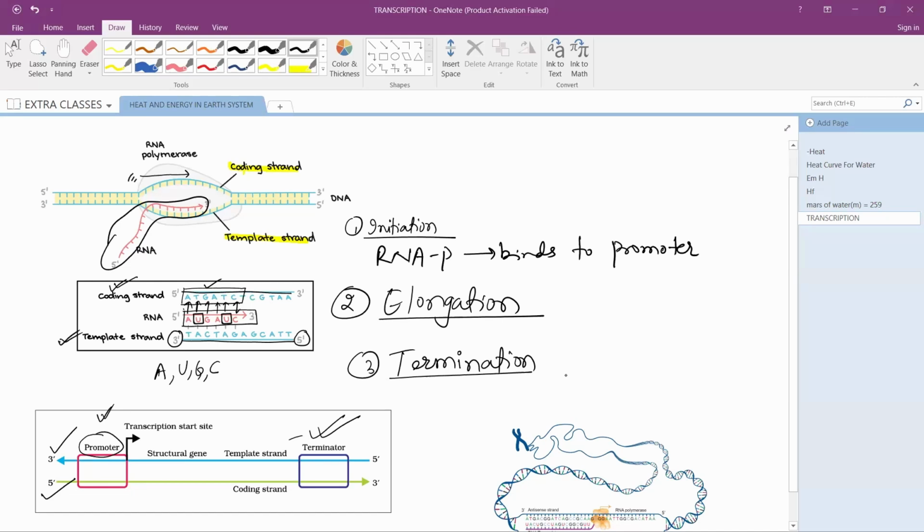I think we've been mainly focused on eukaryotes. So, what more is present in your notes? Did I miss anything on transcription?